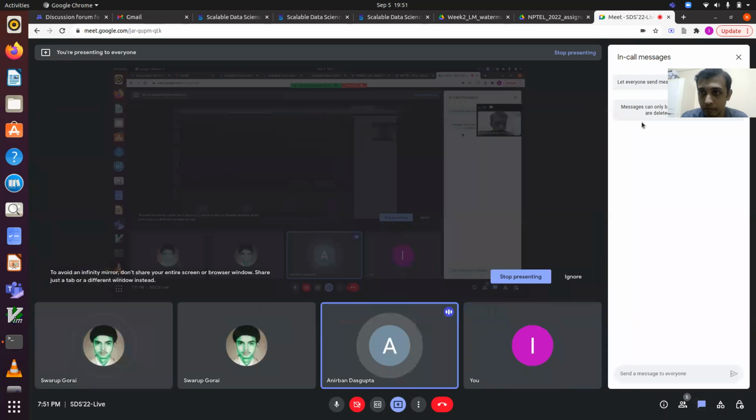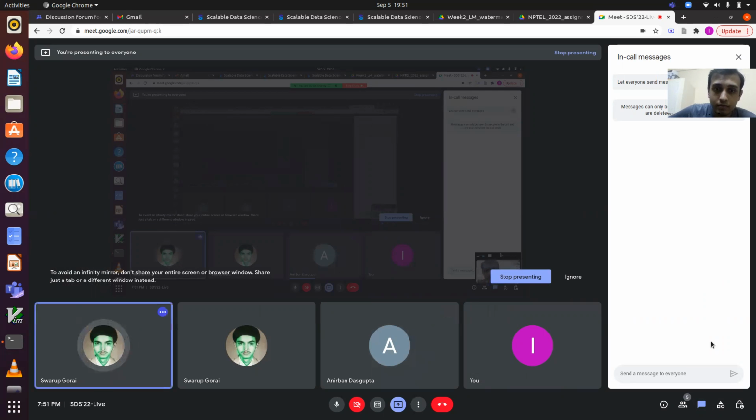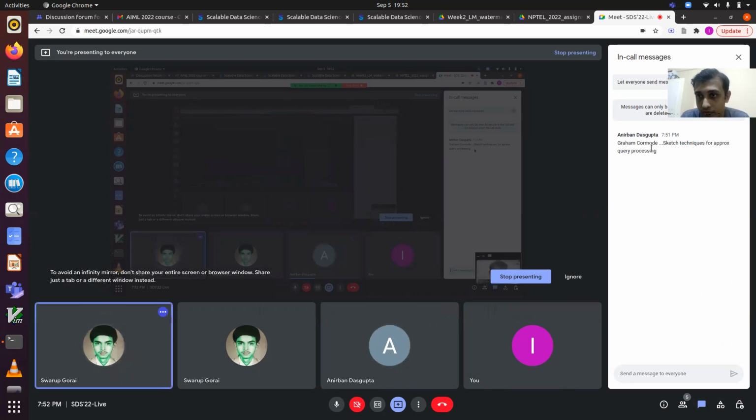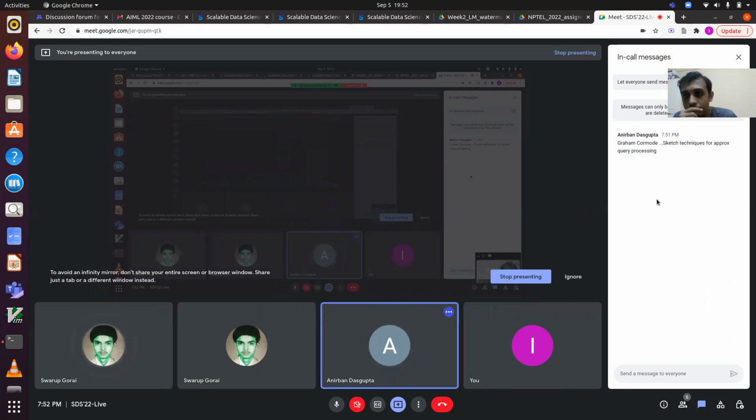You can just search for this topic: sketch techniques or approximate query processing techniques. I typed it in the chat: sketch techniques for approximate query processing.